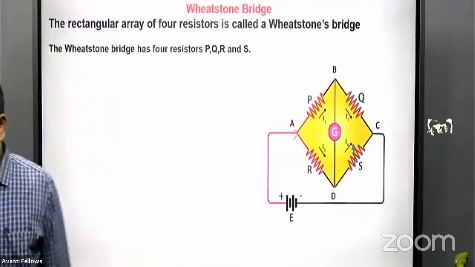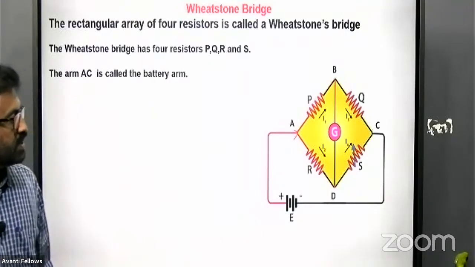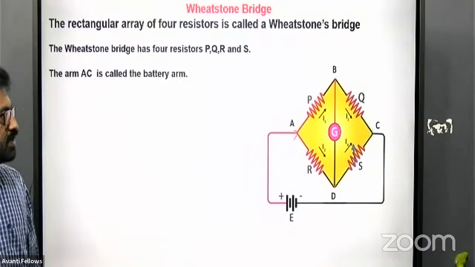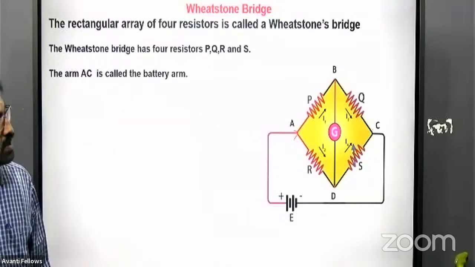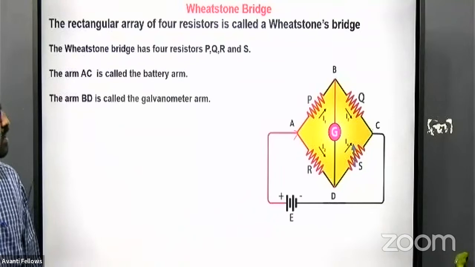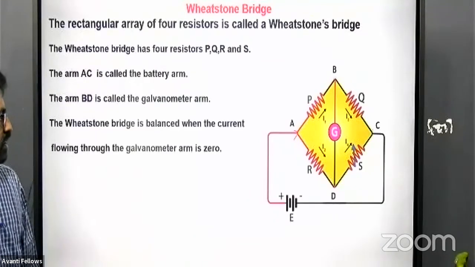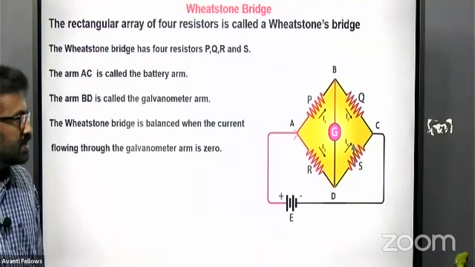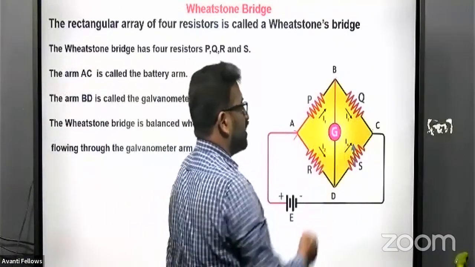There are two arms, one is AC and the second one is BD. Arm AC is called the battery arm, and the arm BD is called the galvanometer arm. We can say the bridge is balanced when the current through the galvanometer reduces to 0.